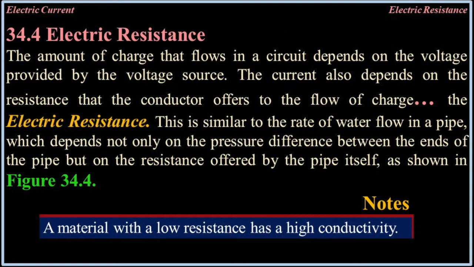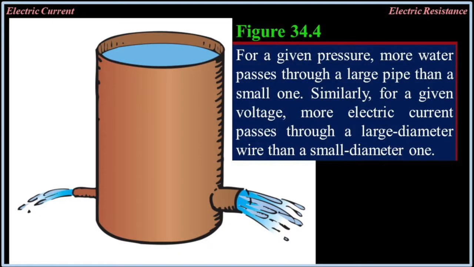34.4. Electric resistance. The amount of charge that flows in a circuit depends on the voltage provided by the voltage source. The current also depends on the resistance that the conductor offers to the flow of charge. This is similar to the rate of water flow in a pipe, which depends not only on the pressure difference between the ends of the pipe, but on the resistance offered by the pipe itself, as shown in Figure 34.4.